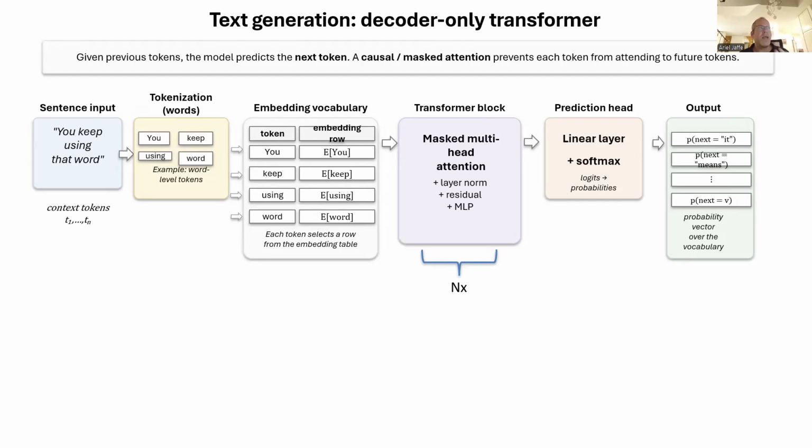And then you have a prediction head. The prediction head is usually just a linear layer, since it's multi-class, which obviously it is in text, followed by a softmax. The output is a probability vector over the vocabulary, assigning a certain probability to each token in the vocabulary. So this is a decoder-only transformer for generating text.